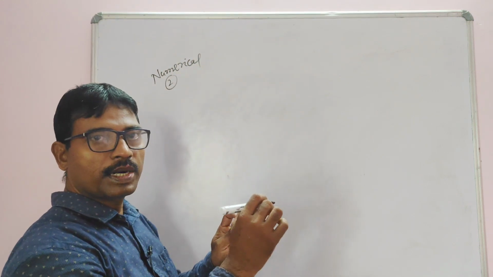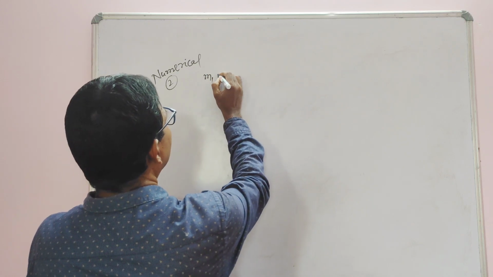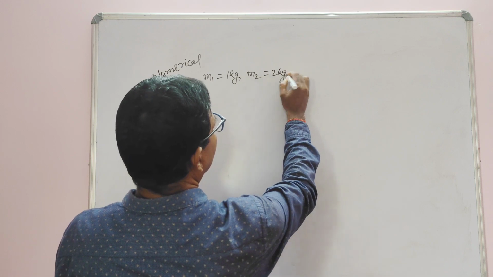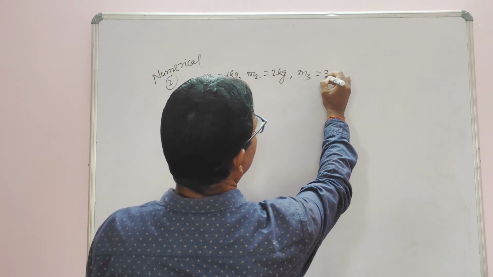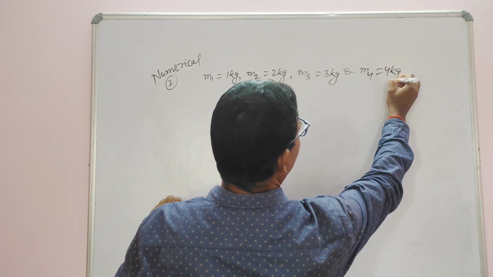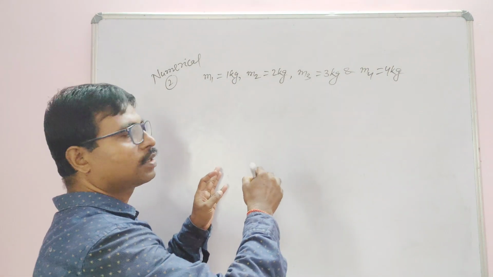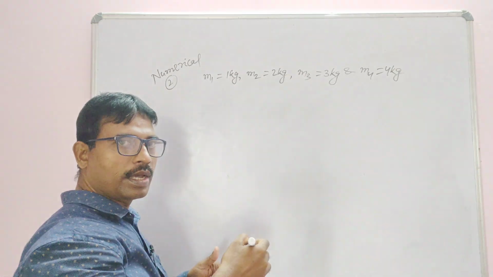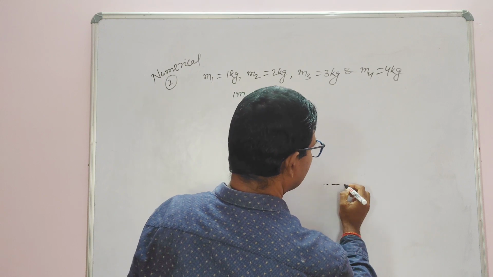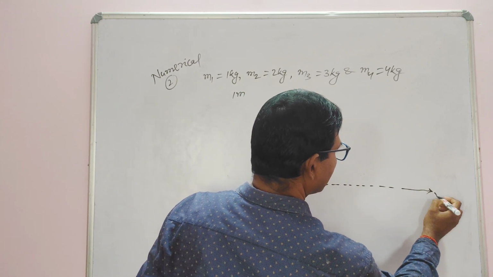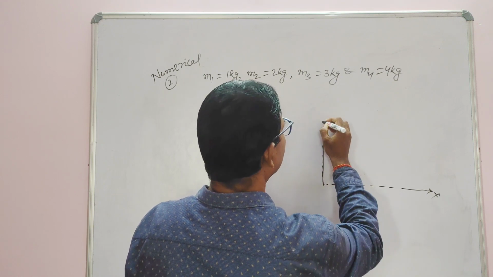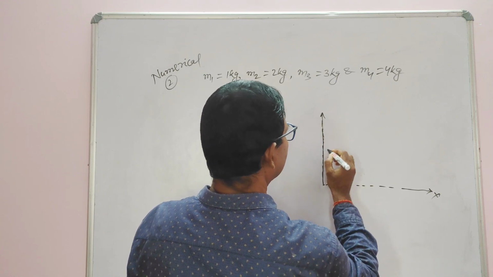There are 4 particles of mass M1 1 kg, M2 2 kg, M3 3 kg and M4 4 kg, placed at the 4 vertices of a square of side 1 meter. Okay. Suppose this is x axis, and this is y axis.